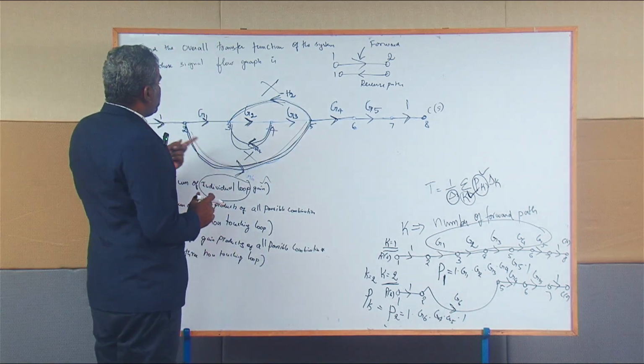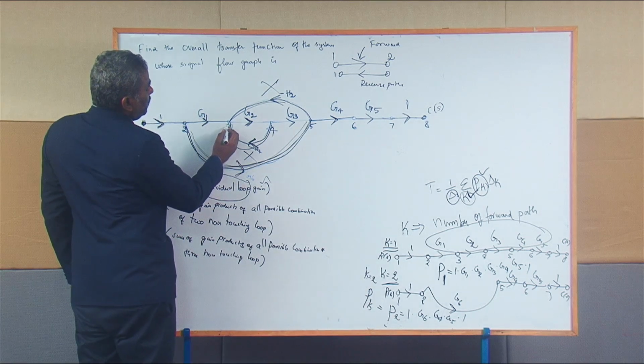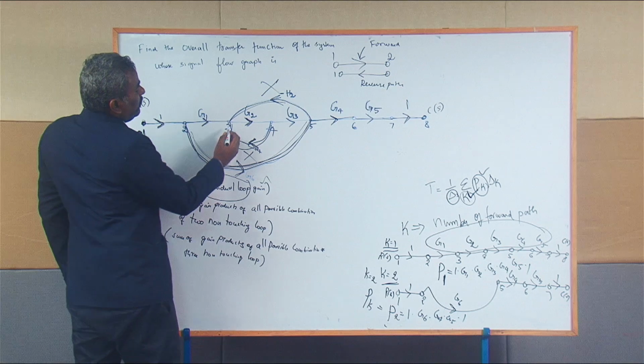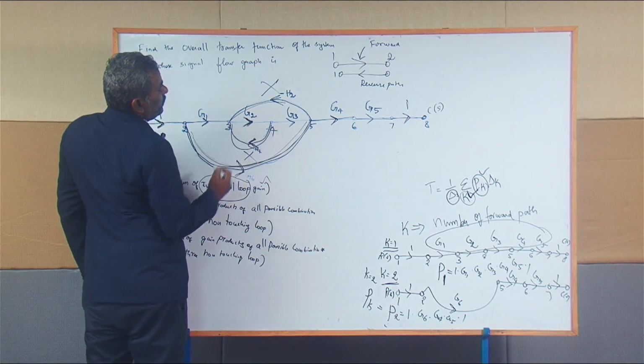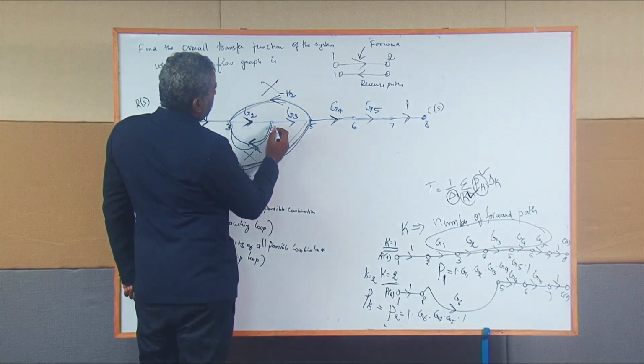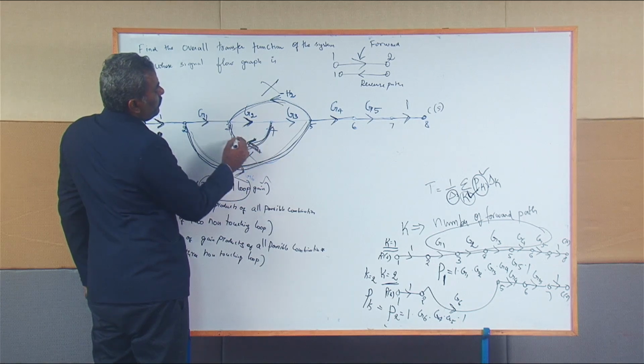So you may check the problem here. Consider node number 3. From node number 3 to node number 4, it is represented as a forward path, and node number 4 to node number 3, again it is represented as a forward path.